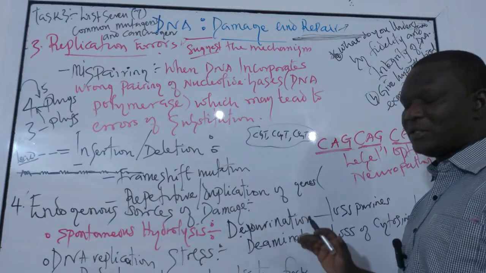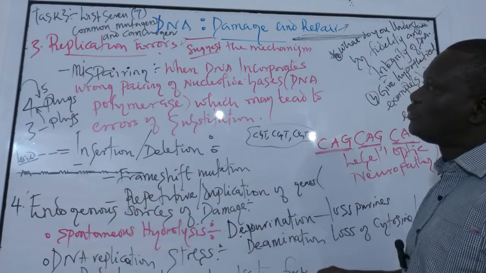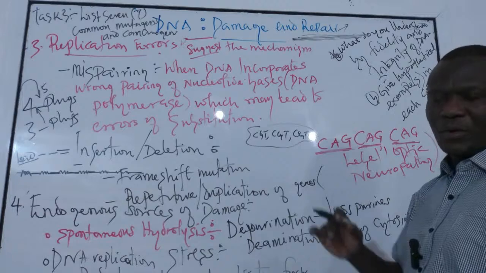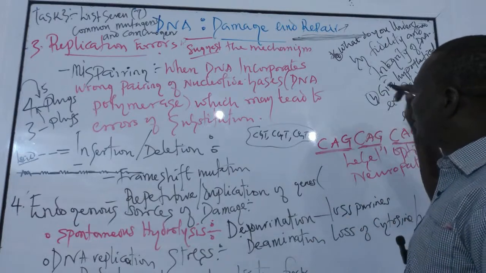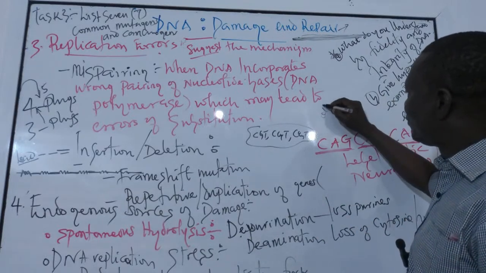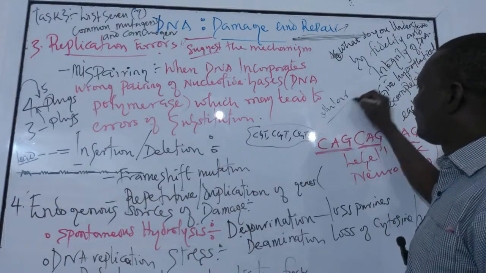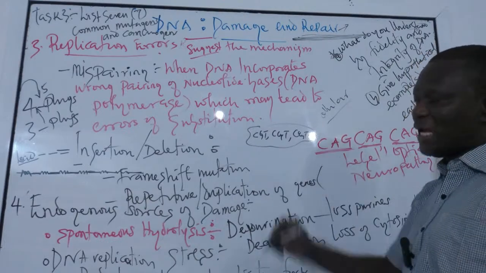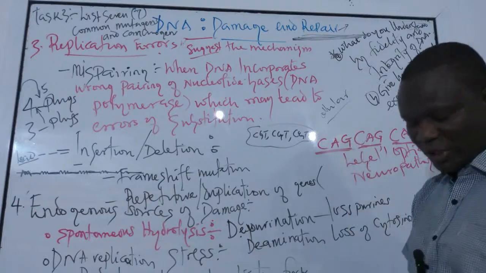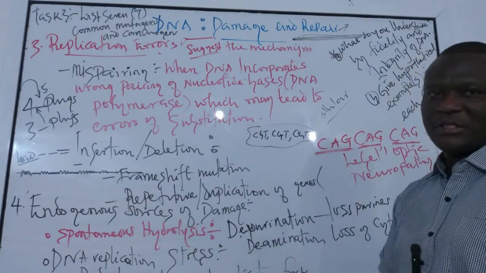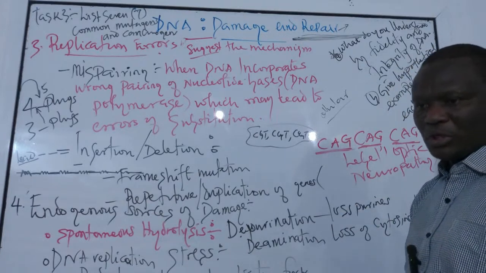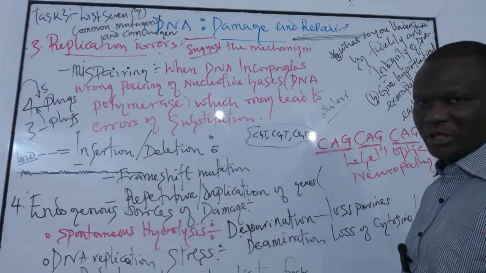Don't forget that at the beginning of this lecture, I told you that normally every cellular process, every cell, every DNA must find a way of repairing these errors. So nobody is above mistake. That's what they normally say.